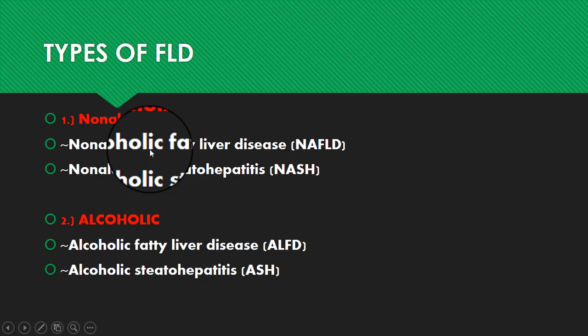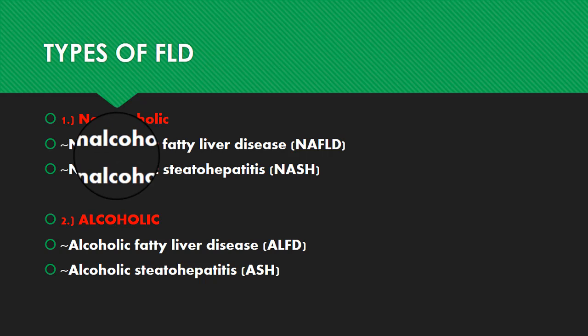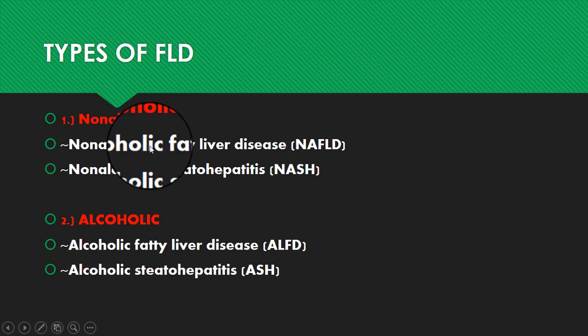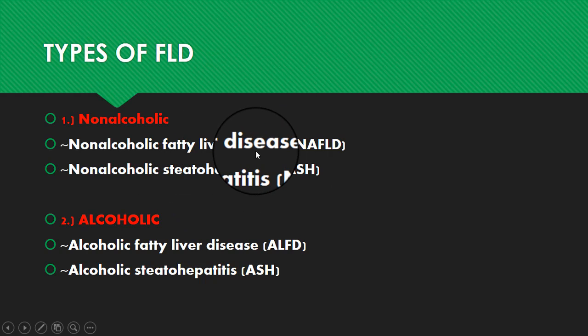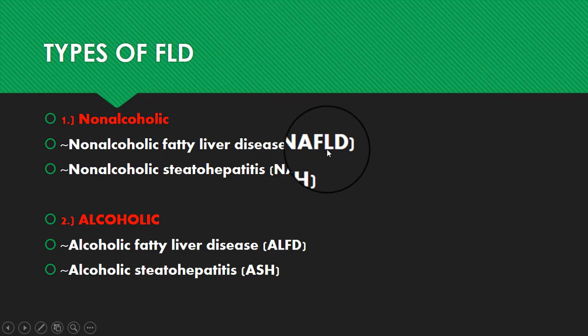So let's talk about the first type of fatty liver disease, that is non-alcoholic. The first subtype of non-alcoholic is non-alcoholic fatty liver disease. What is non-alcoholic fatty liver disease? Basically NAFLD.